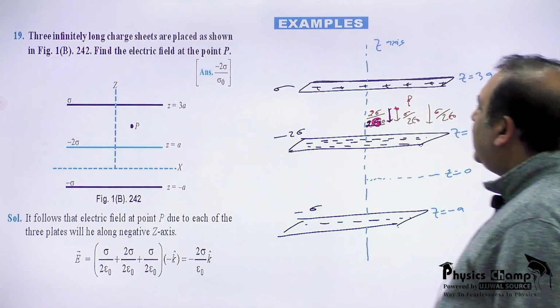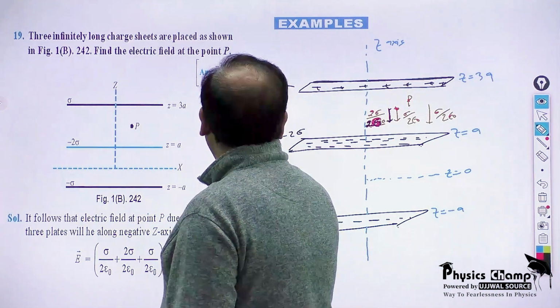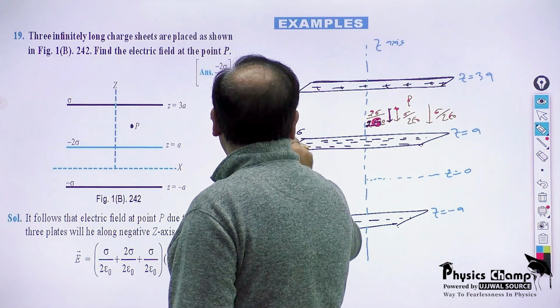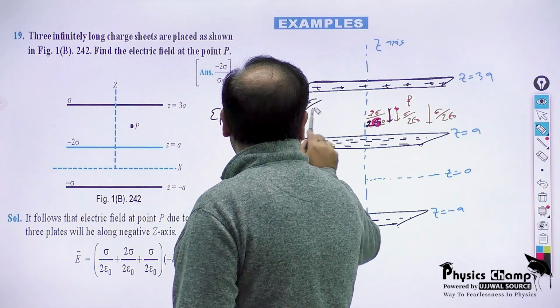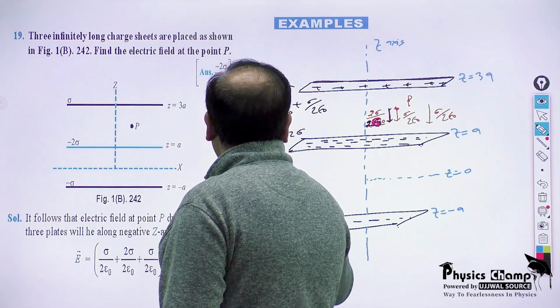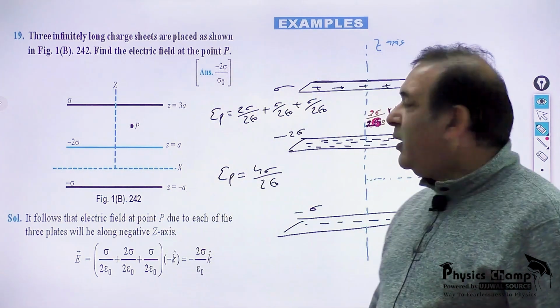So if I say what is the net electric field at point P, it will be 2 sigma by 2 epsilon naught downward plus sigma by 2 epsilon naught downward plus sigma by 2 epsilon naught downward. So the electric field will be 4 sigma by 2 epsilon naught, and downward.